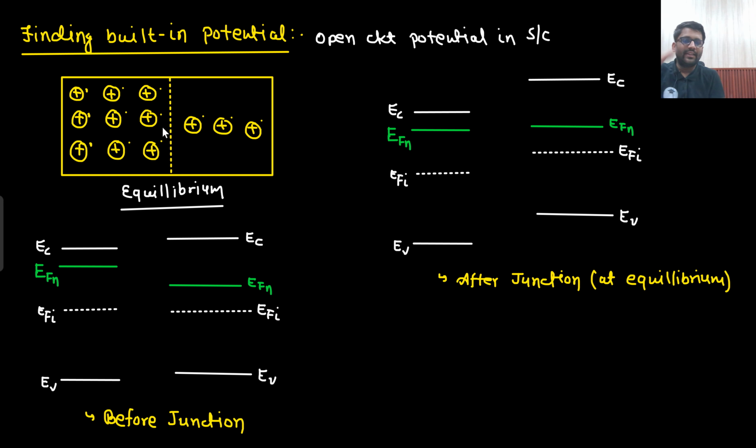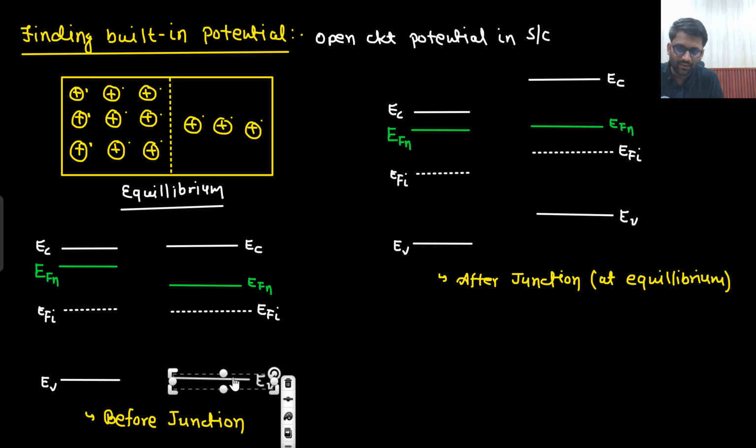So what really happened? When they were not in contact, before junction, this was the scenario. Again, this EC and this EC are the same only, right? Both are the same. This EV and this EV are also the same because they are the same material. So I am using the same material. So EC, EC, EC, EC, EFN, EFN, this was the scenario. But what really happened?